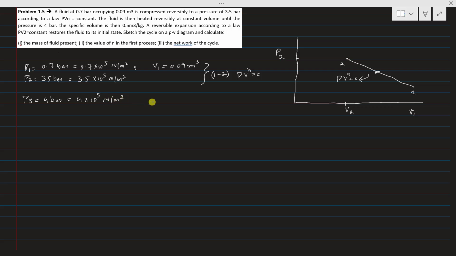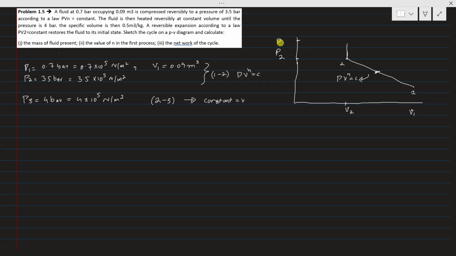It means that process 2 to 3 takes place at constant volume. So I will draw it vertical, because here the volume is constant, so V2 and V3 will be the same.